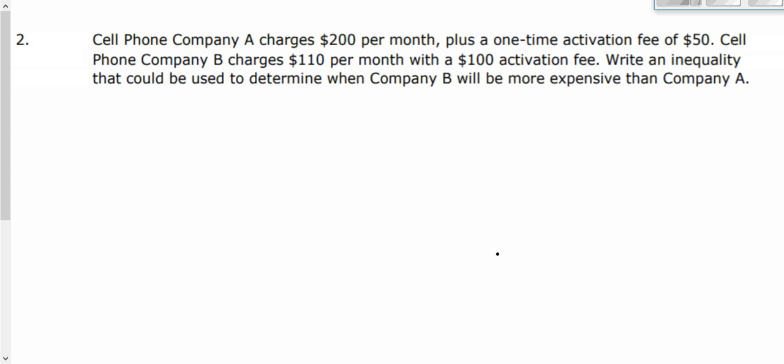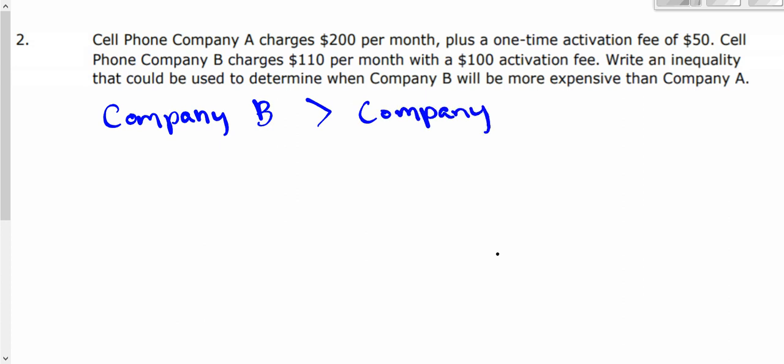Okay, so I'm going to organize this. I want company B to be greater than company A. So let's start with company B. It says cell phone company B charges $110 per month with a $100 activation fee.